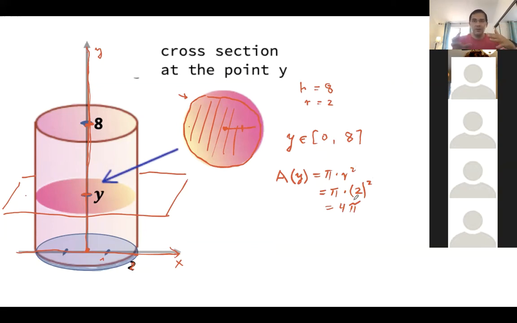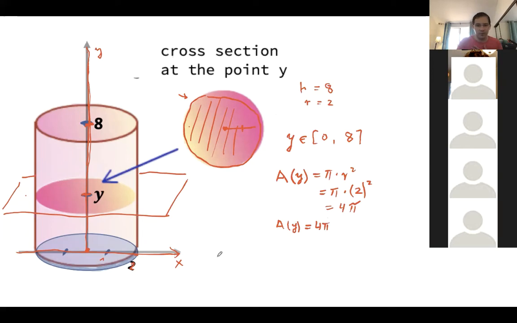We'll get a function of y, but it's a constant function, because at any level between 0 and 8, the cross section is the same. It doesn't really change. So we have the formula A of y is equal to 4 times pi. It's a constant function.